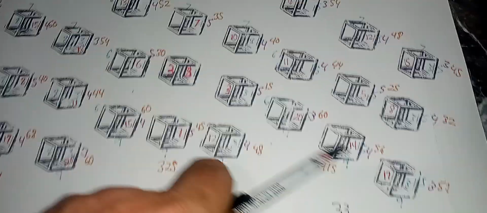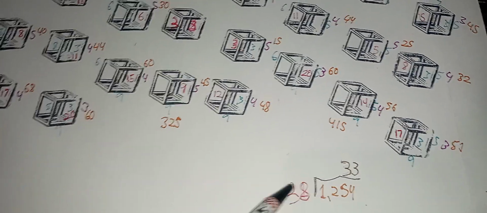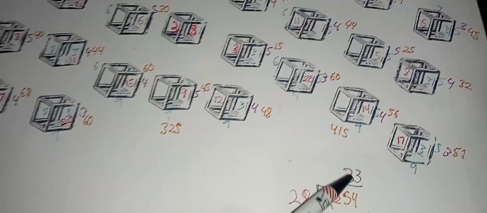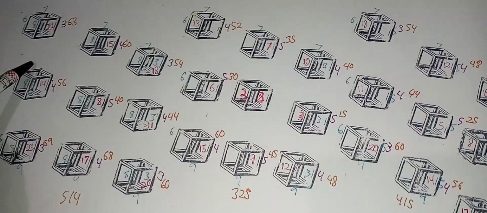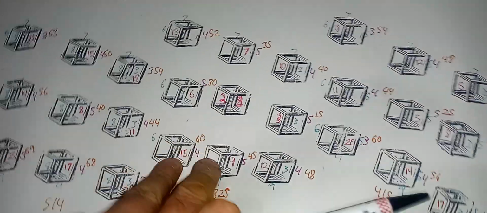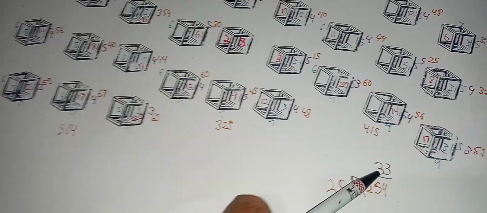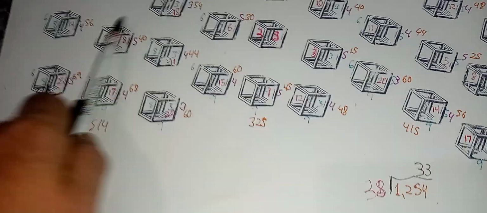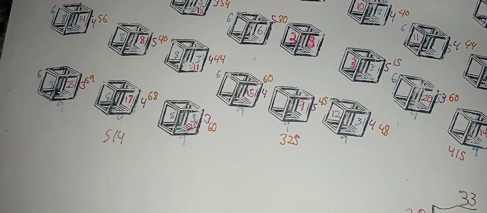Add all those up, and it gives you 1,254. Divided by 38 again, it gives you 33. It overshoots this 27 cube system by 6. I didn't even bother with the next one because I know it would follow the same order.